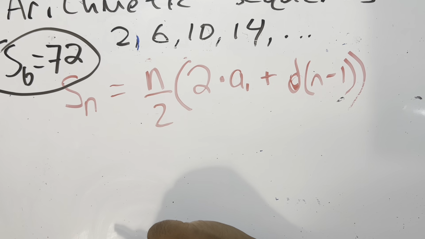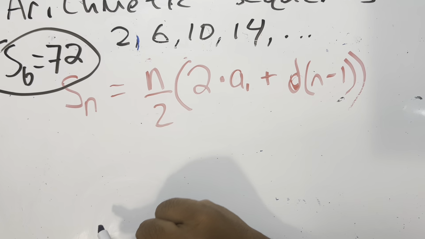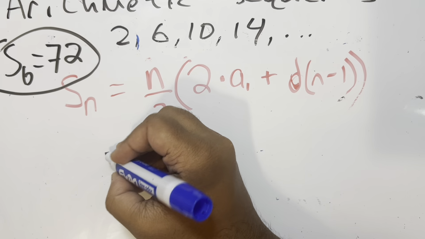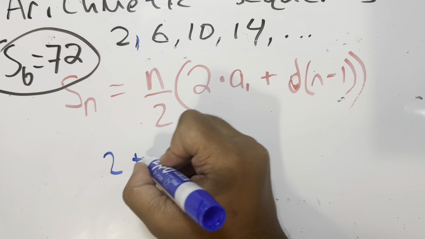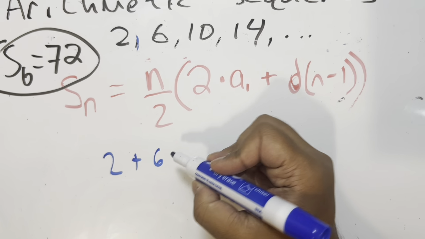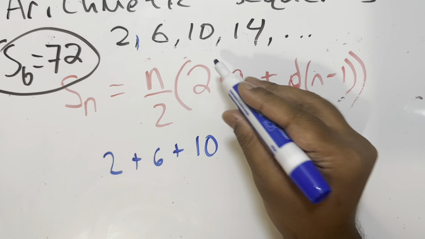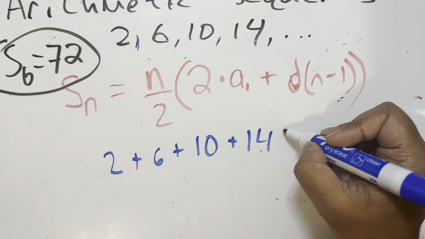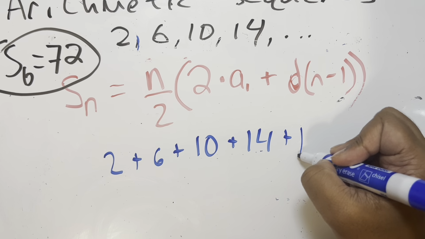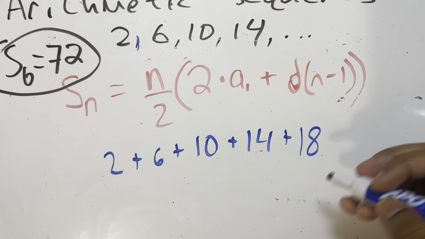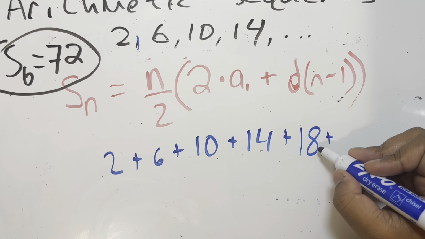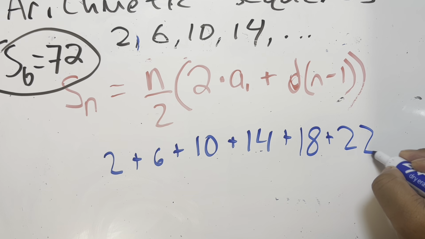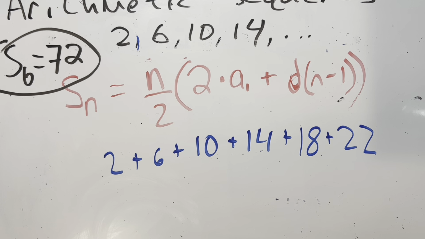All right, so let's add up the first 6 terms. First term we have is 2 plus 6, that's the second term, plus the third term, which is 10. Fourth term, which is 14. 14 plus 4 is 18, which is my fifth term, plus another 4 from 18, which is 22. So I have 6 terms in here total.